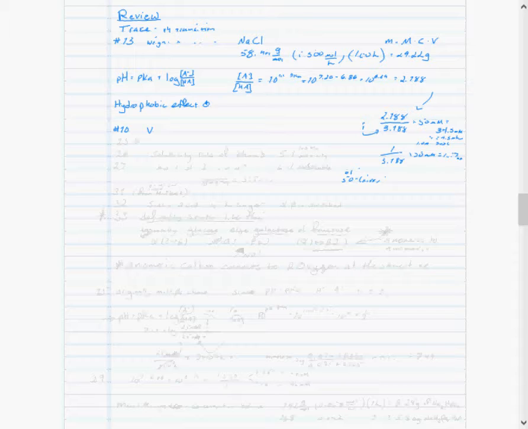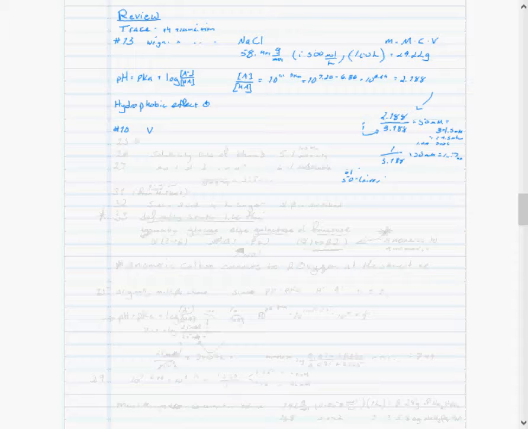Okay. And now you are given volume, so let's continue with that number, 5.2 times 10 to minus 19 cubic meters. Now, it would be nice to go to liters. So cubic meters to liters.